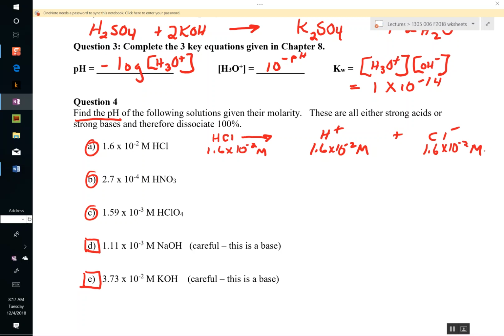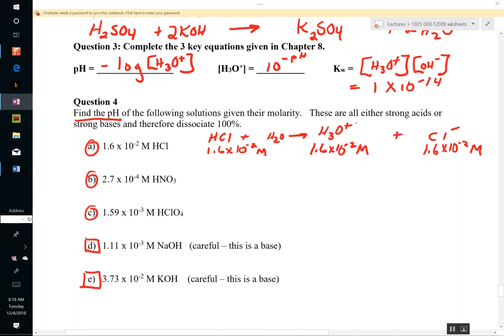So what does that mean? That means you know this, for that problem. Keep in mind that an H plus and an H3O plus are the same thing; if you like it better that way, I'll write it that way.